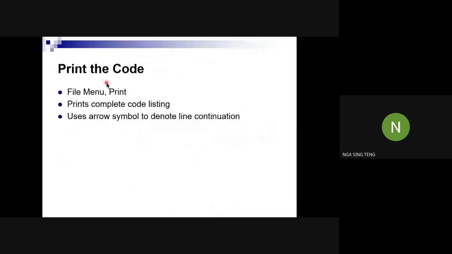To print the code, go to the file menu and click print. Okay. Print the complete code listing. And then you can also use the arrow symbol to denote line continuation, because sometimes you have a long line, a long sentence, long code, that doesn't fit into one line. You can just use the arrow symbol to continue the same line over two to three lines maybe. Okay.